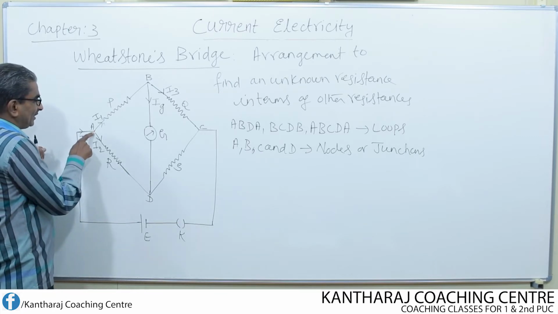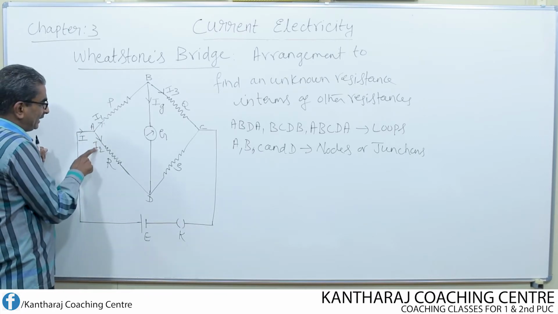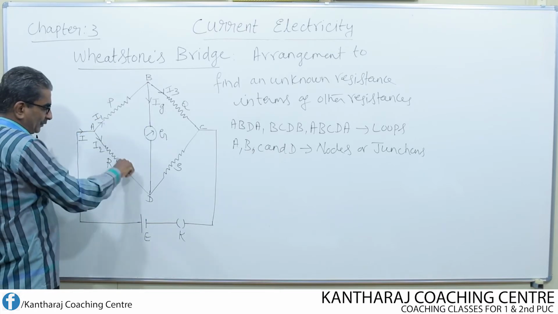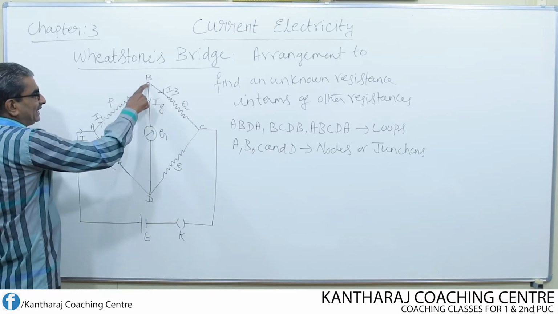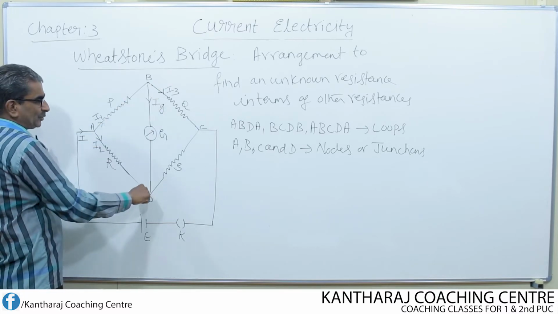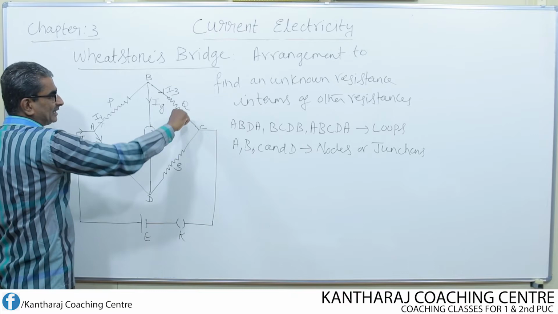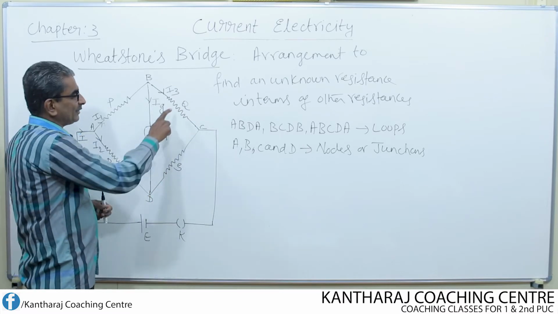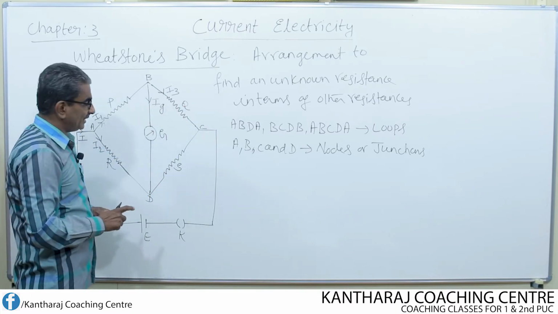Now what happens? Current I got split into two parts, I1 and I2. I1 flows through P, I2 flows through R. Again here the current I1 which reaches B splits into two parts. One part flows through the galvanometer, known as Ig, and the other part flows through the resistor of resistance Q, known as I3.